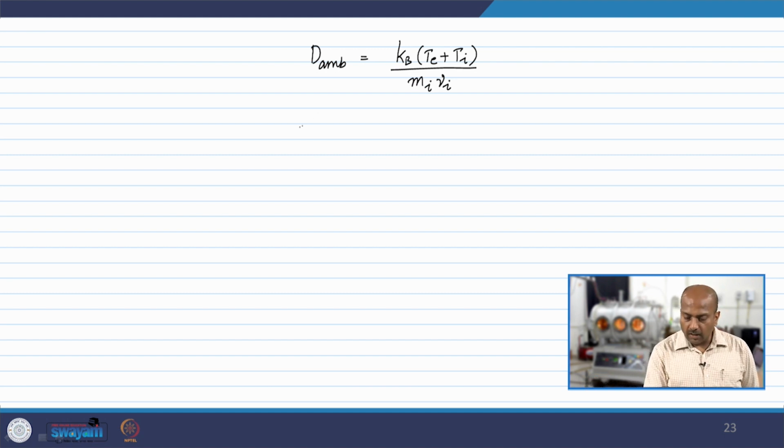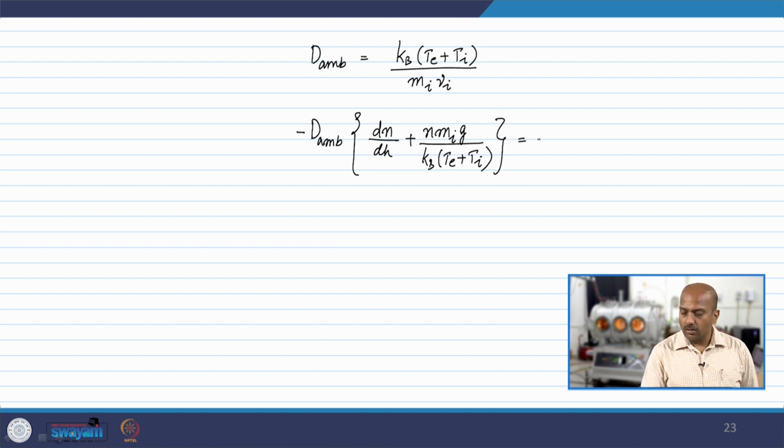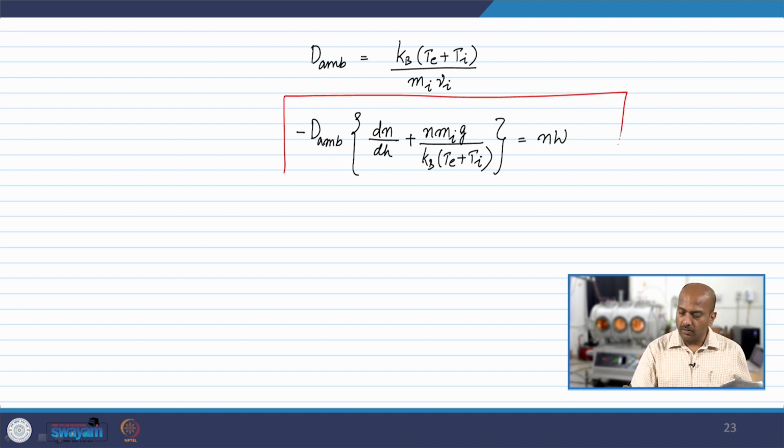So, with this we can write the equation as minus the diffusion coefficient of ambipolar diffusion times dN by dH plus n mi g divided by Kb (Te plus Ti) is equals to n w, right. So, this is a very important relation that we have to remember.